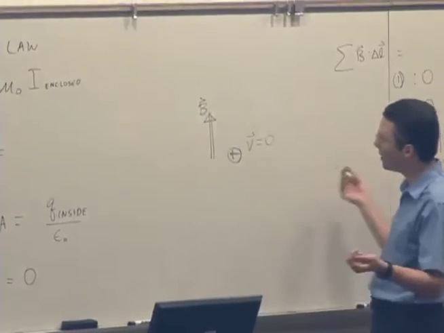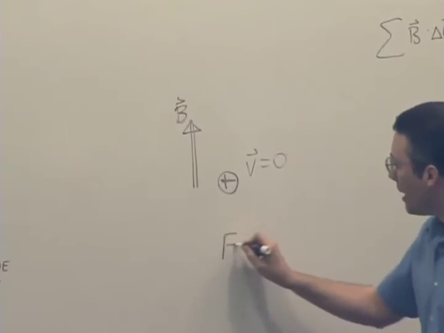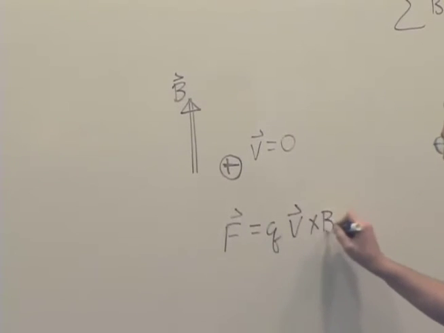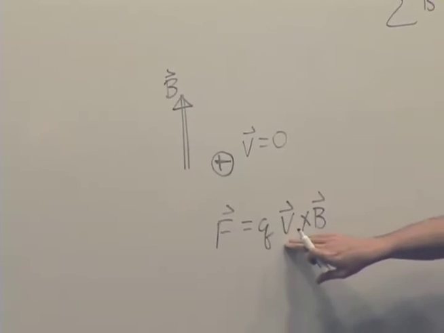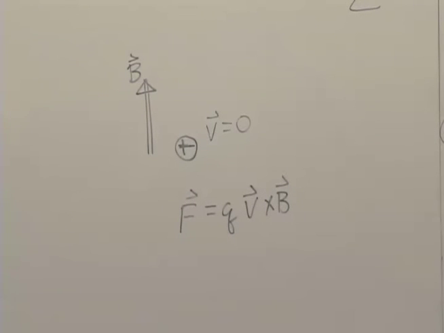So let's say we're looking at the initial state here. The magnetic force is QV cross B, right? And so if there is no velocity, then there's not going to be a magnetic force. So we can't actually get a magnetic field to cause the charges to move.